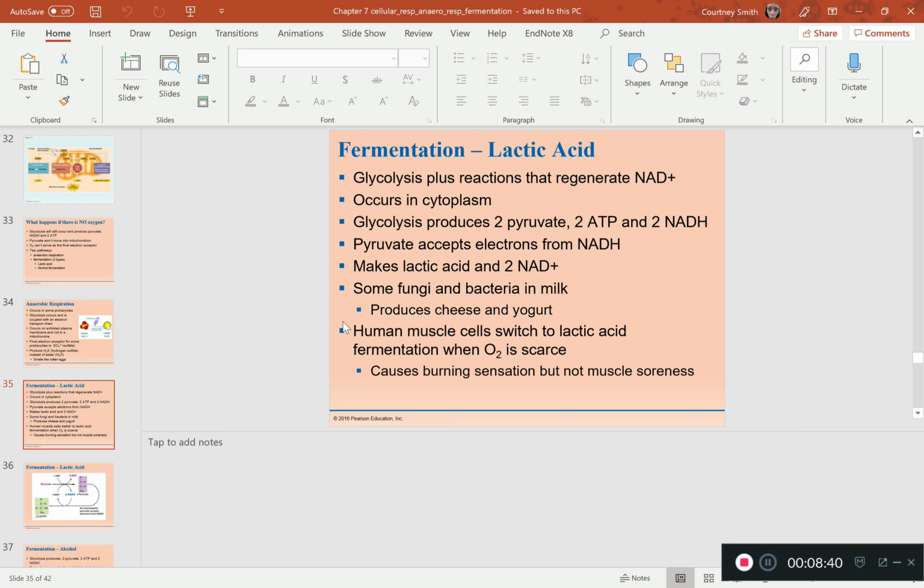But where it differs is that the pyruvate made in glycolysis does not continue being oxidized, and the citric acid cycle and the electron transport chain don't run.